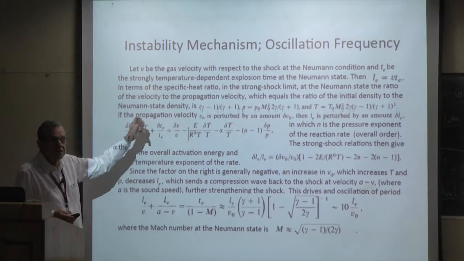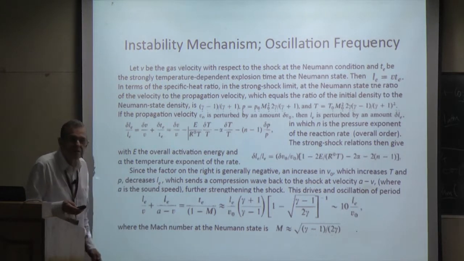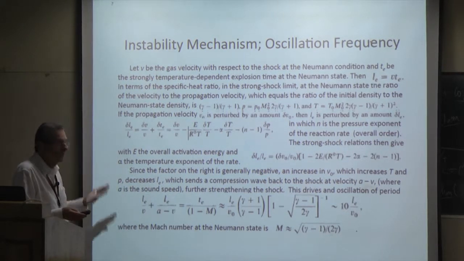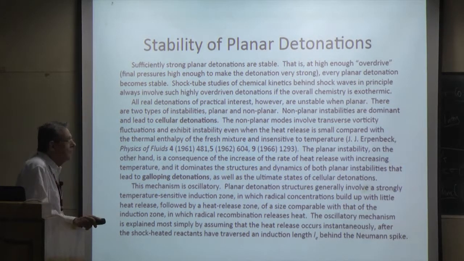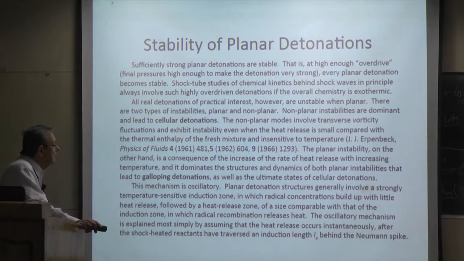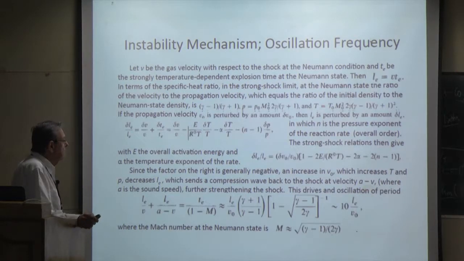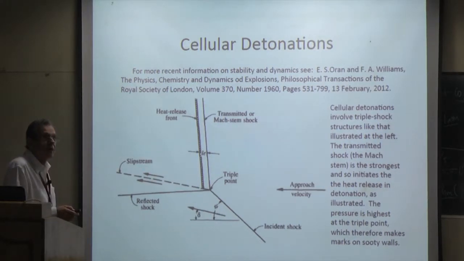This is an approximation for strong shocks, and typical detonations have shocks that are in the strong shock limit. And so this is an estimate for the propagation frequency of detonations. And so that would be for galloping detonations.